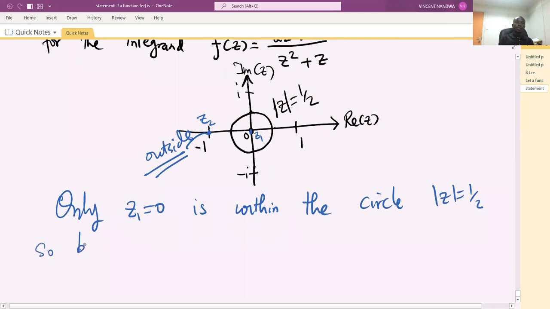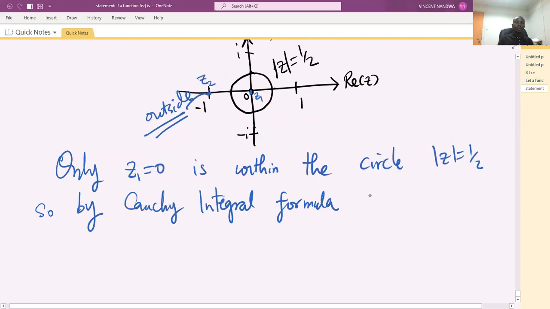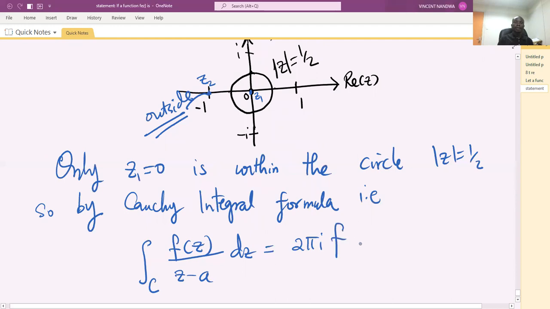So by Cauchy integral formula, i.e., the integral along C of f of z over z minus a dz gives us 2 pi i f of a.